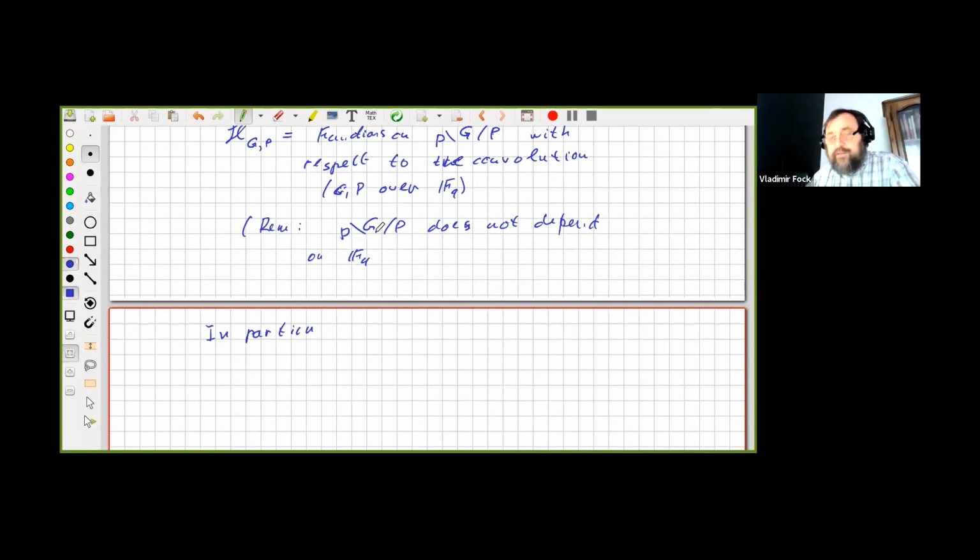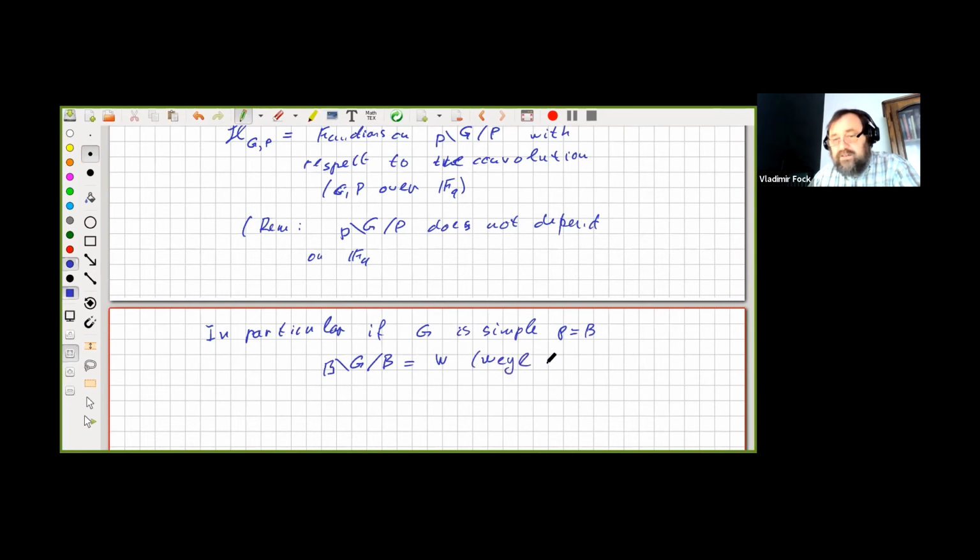If it's affine, it's not finite, but what I wanted to say is that if G is simple and P is Borel, the smallest parabolic, then G over B from the left and from the right, as a set, is isomorphic to the Weil group.